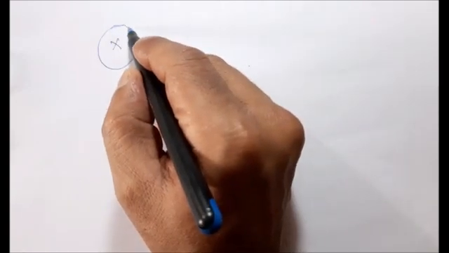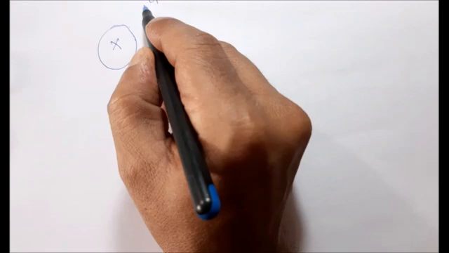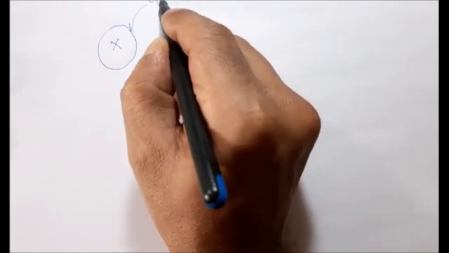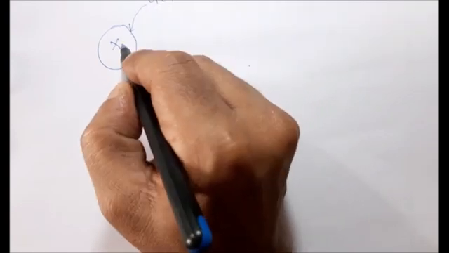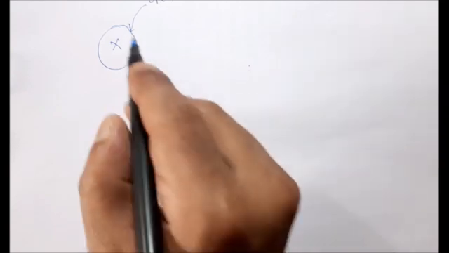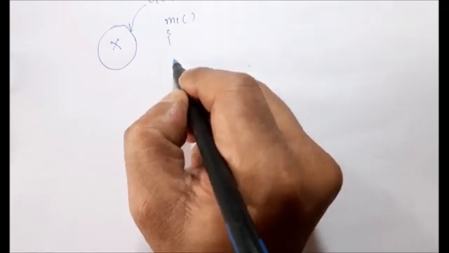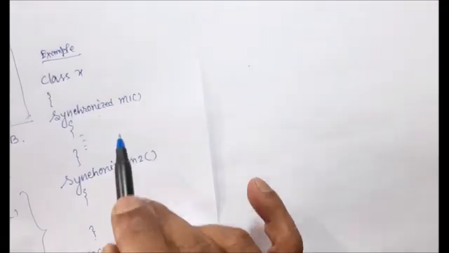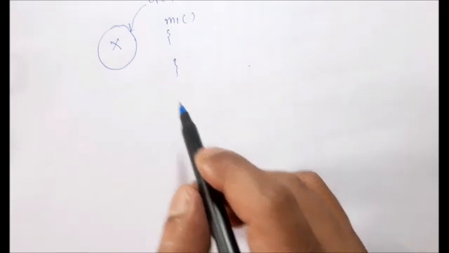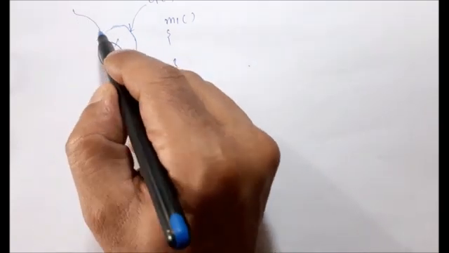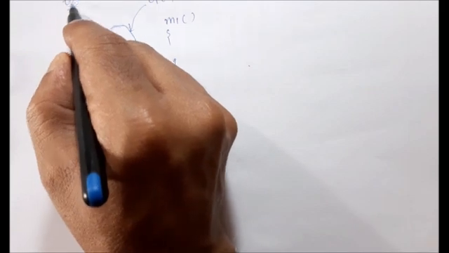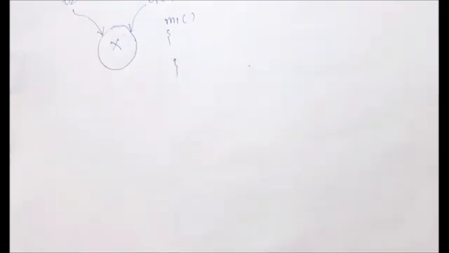If T1 is my thread, and it acquired the lock of this object, and wants to execute the M1 method, which is synchronized, as I have already discussed. And some other thread at the same time wants to access this object. What will happen? Will it be accessed or not? No, it will not be accessed, because this method M2 is synchronized.